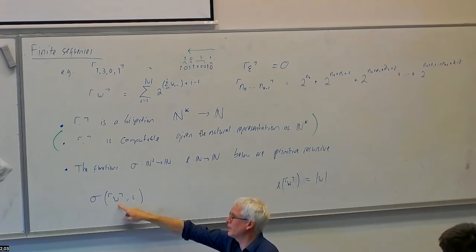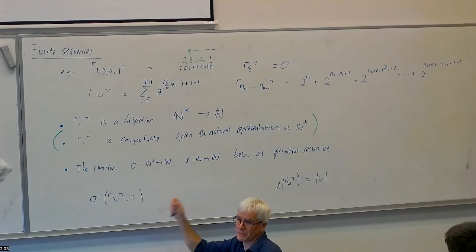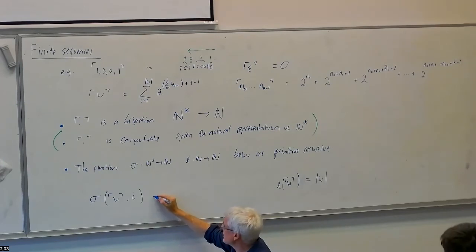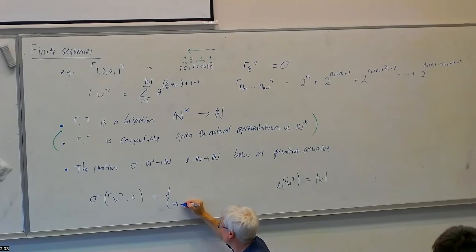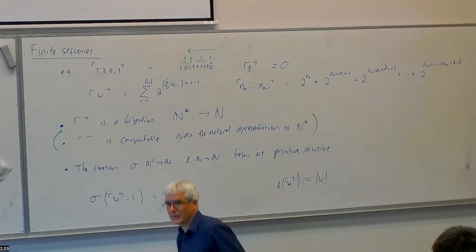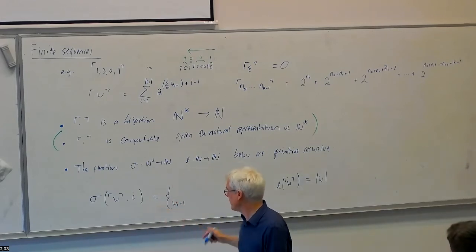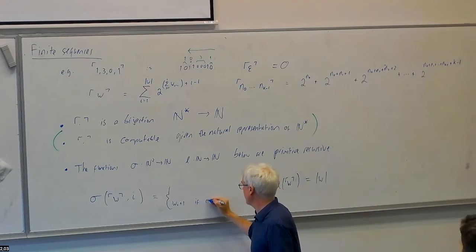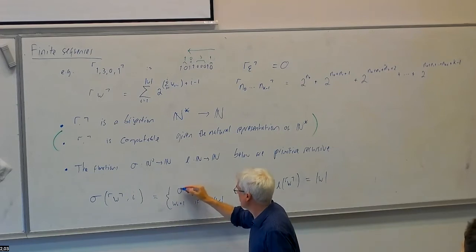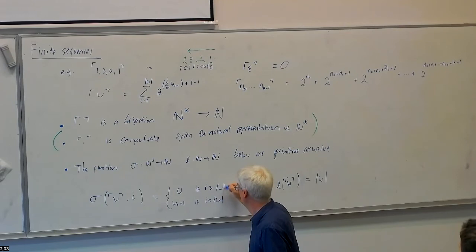But of course, I might be greater than or equal to the length of the sequence in which case there's no such number to return. So to make it a total function, we return W_I plus 1 in the case that we're given a legitimate index, so if I is less than the length of W, and otherwise we return 0 if I is greater than or equal to the length of W.